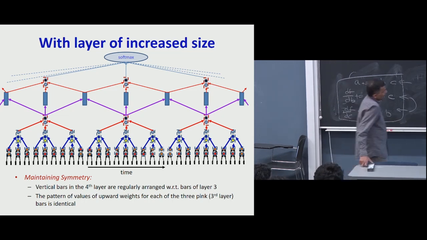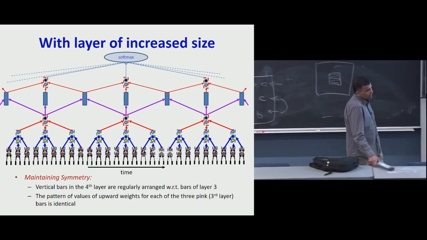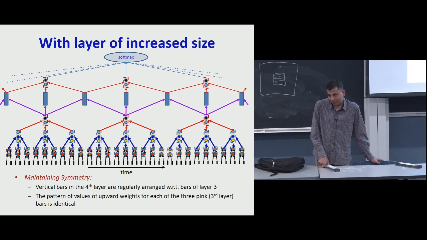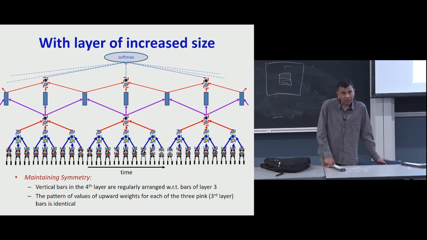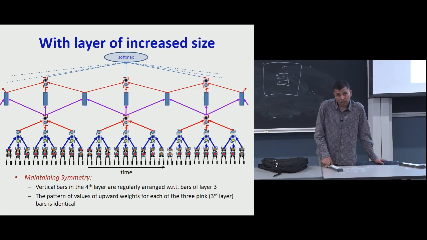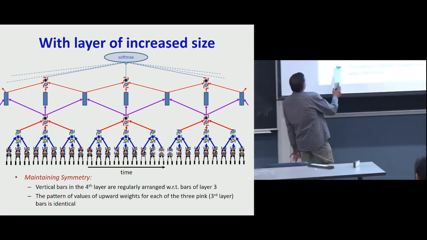So here, I have literally arranged the vertical bars such that there is symmetry. There has to be. Otherwise, this is not going to be feasible, right? You won't get a nice shared parameter structure. And now the difference here is that when I have a shrinking network, then the set of incoming weights is always the same.